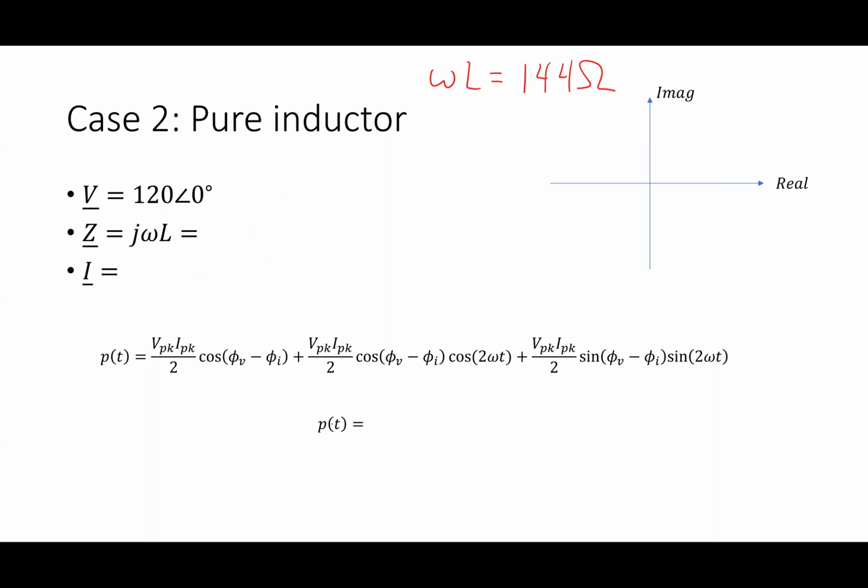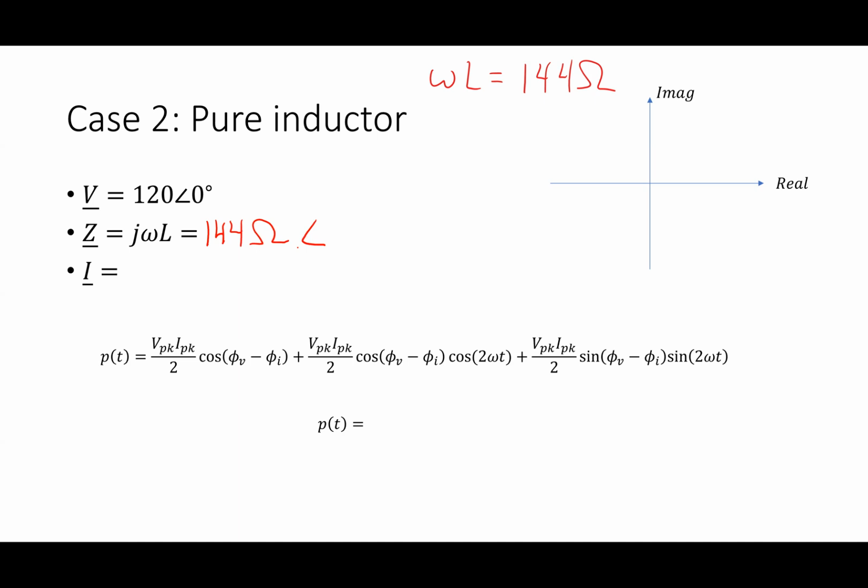Now, the impedance here is j omega L. So what does that mean? This guy has got 144 ohms, with what angle?